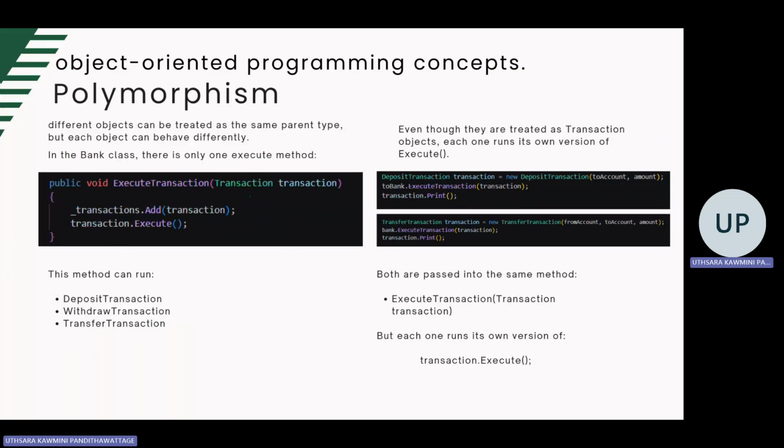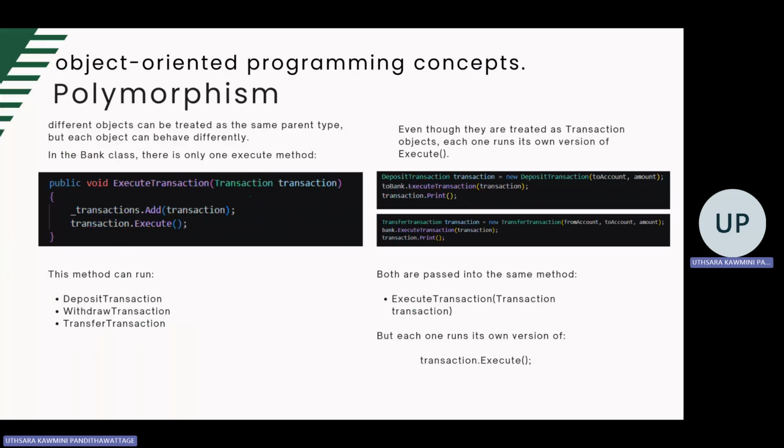But even though they are treated as Transaction objects, each one runs its own version of Execute. A deposit transaction adds money, a withdraw transaction removes money, and a transfer transaction moves money between two accounts. This makes the program flexible and easy to extend. If I add a new transaction type later, the bank can still execute it using the same method.